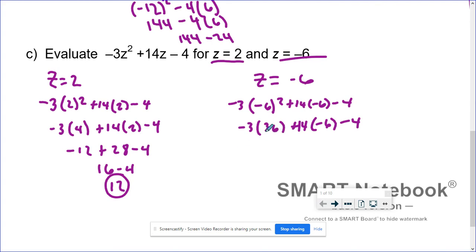Now I can do multiplication. -3 times 36 is -108. 14 times -6 is -84. Then we just subtract across. -108 minus 84 is -192. And then -192 minus 4 is -196. All right, so that would be the first example there.